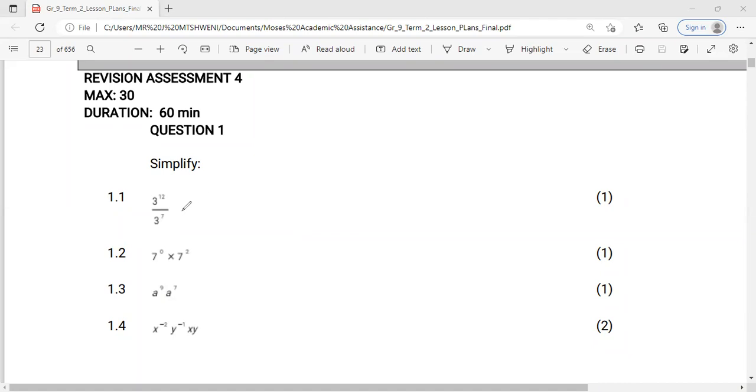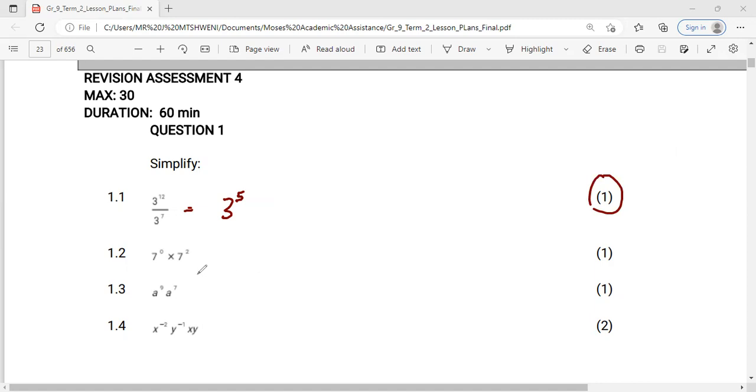So this one is going to be 3 to exponent 12 minus 7. 12 minus 7 is what? 12, 11, 10, 9, 8, 7, 6, 5. It's going to be 3 to exponent 5. That is the example that we have. That's why it is 1 mark.